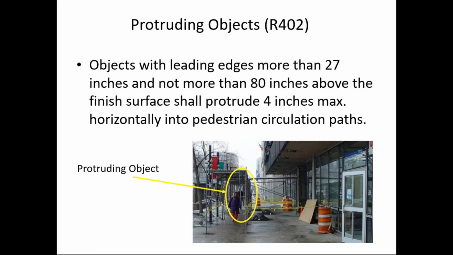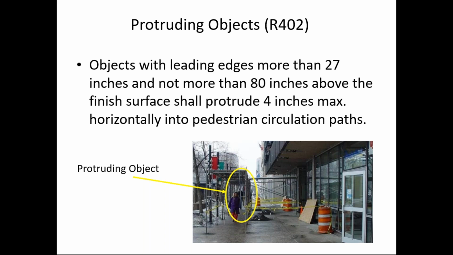Also wanted to mention protruding objects, which are quite common in our built environment. A protruding object is defined as something that protrudes more than 4 inches into the pedestrian walking space at a height more than 27 inches, but less than 80 inches.